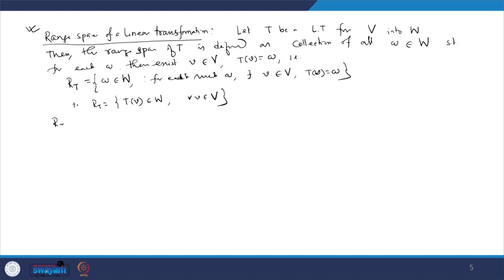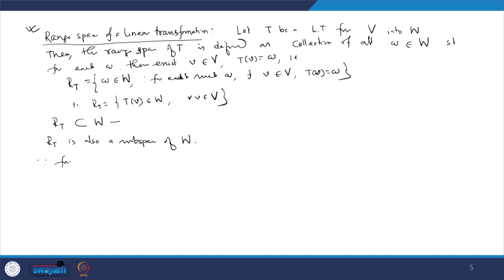RT is a subset of W, but RT is also a subspace of the vector space W. How?